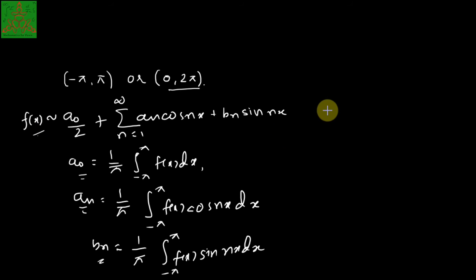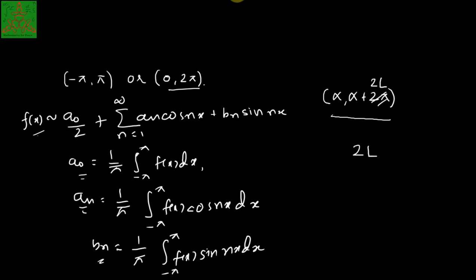Now the question is, what will be the Fourier series of a function in the interval alpha to alpha plus 2 pi, or instead of 2 pi I may write 2l. So what will be the Fourier series of a 2l periodic function?